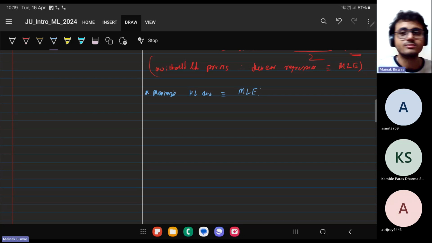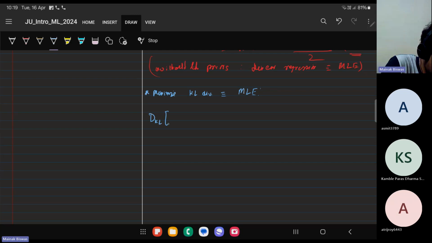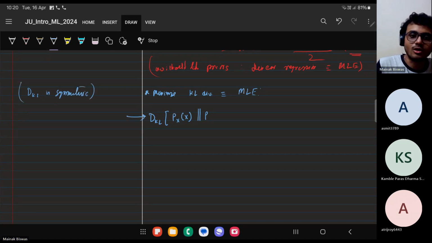How can I show that? So let me just define the KL divergence. What are the two distributions you want? Px and Qx. And be very careful. Remember that dKL is not symmetric. Therefore, you have to always use this formulation.